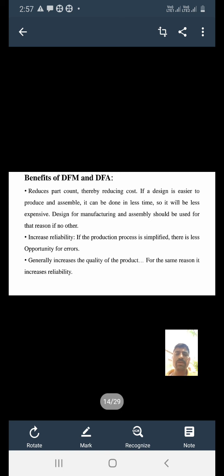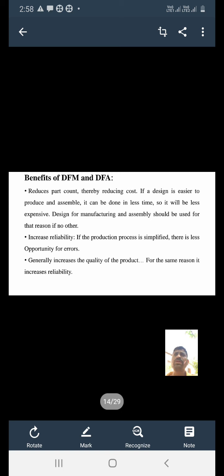Design for manufacturing and assembly should be used for that reason, if no other. You should design only for manufacturing and assembly, and in this you will get the benefits. First is increased reliability. To increase the reliability, the production process should be simple, so there is less opportunity for error. If the production process is complicated or the number of parts is more, then you can't increase the reliability of the product.